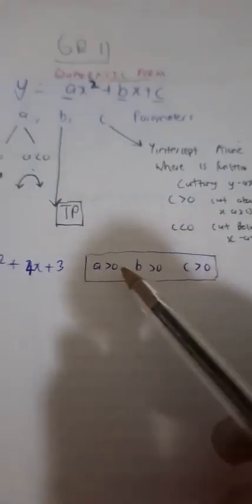Nowadays, they usually ask us to draw rough sketches of a quadratic function, and they don't need numerical values. Sometimes they will just give you the parameters and say, draw a rough sketch of the function using the parameters.